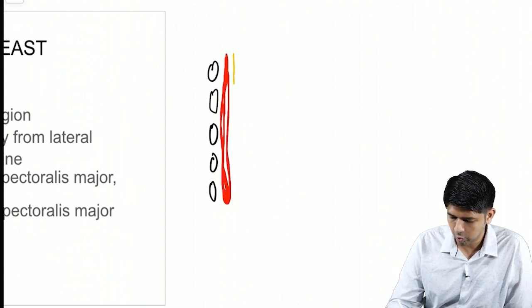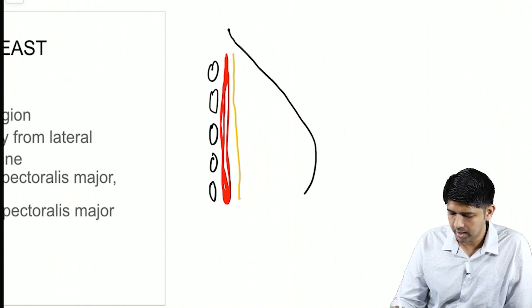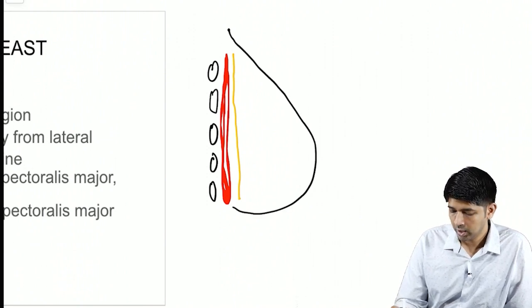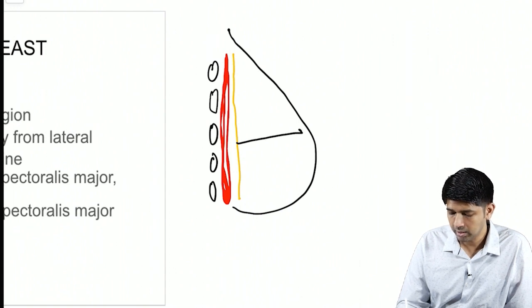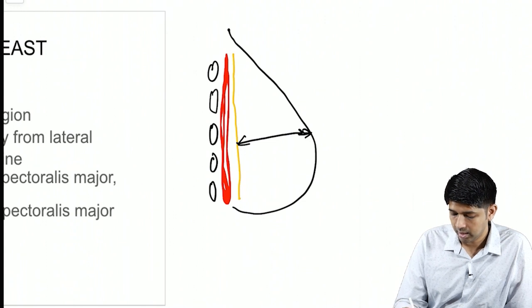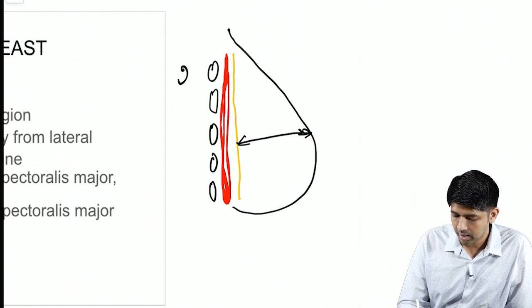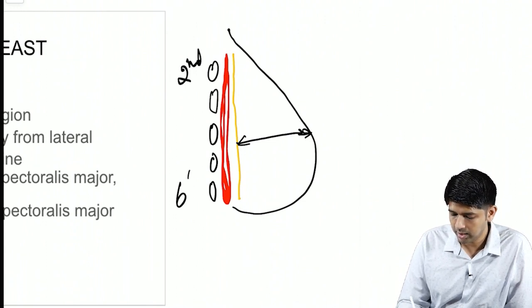Then you're going to have the pectoral fascia in front of it, and the breast extends like this. Alright. So, it extends from the fascia to the skin, and vertically it extends from the second to the sixth intercostal space.